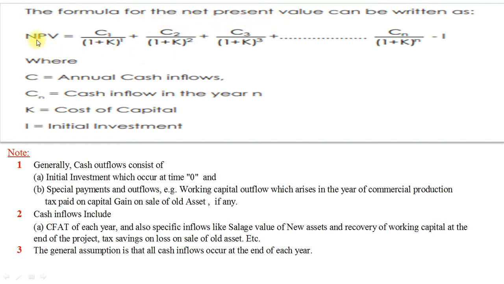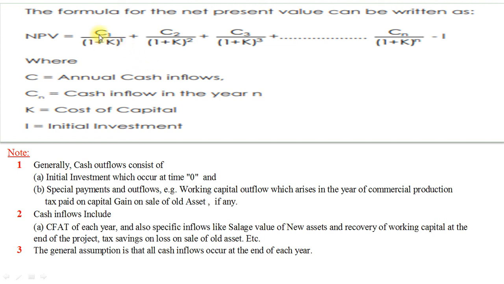We can use the formula NPV is equal to C1 divided by (1 plus K) raised to 1, plus C2 divided by (1 plus K) whole raised to 2, plus C3 divided by (1 plus K) whole raised to 3, plus Cn divided by (1 plus K) whole raised to n, minus I, where C is equal to annual cash inflows. Cn is equal to cash inflow in the year n.